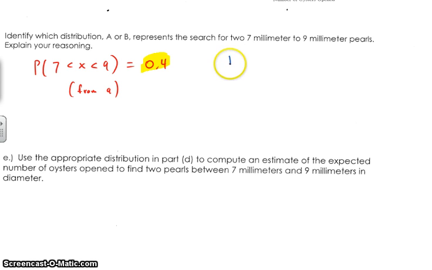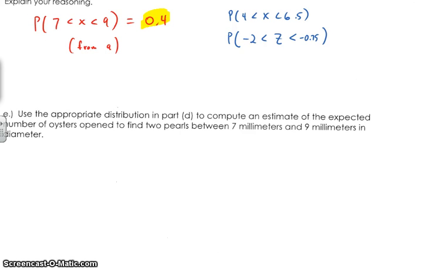All right, so let's do the same thing for 4 and 6.5. So I have to find a z-score for each. Okay. All right, so I did the same thing that I did to find the probability between 7 and 9 in order to find this probability. So I found the z-score for 4, which is -2, and the z-score for 6.5, which was -0.75.